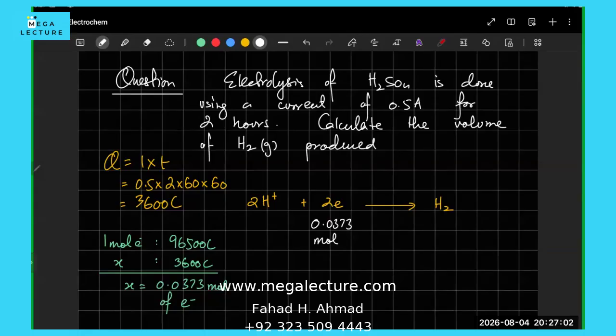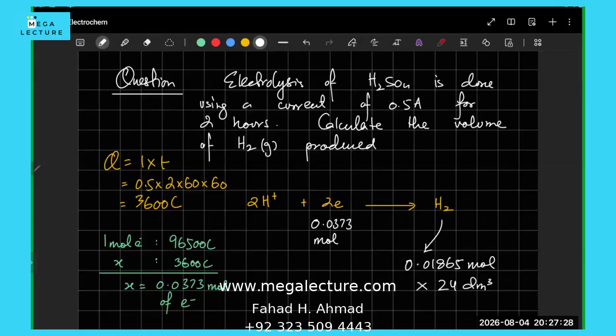So H2 के moles क्या होंगे? That's going to be half of that. What is half of that? 0.01865. And volume of gas, let's say it's at RTP, 24 dm³, and that's going to give you the volume of gas that's produced.